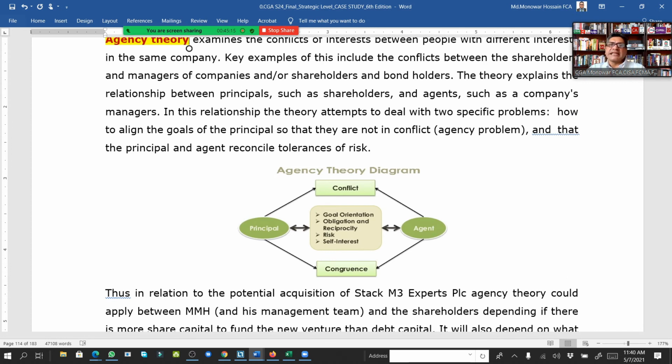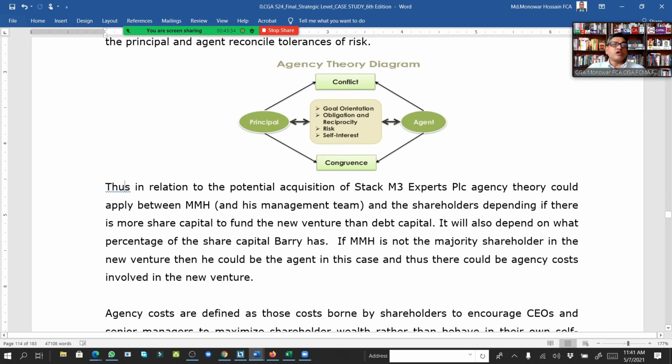And if profit is less, then dividend would be less. So owners always want more dividend from their investment. That's why conflict arises here. This is sometimes called agency theory, and it can also involve agency cost.